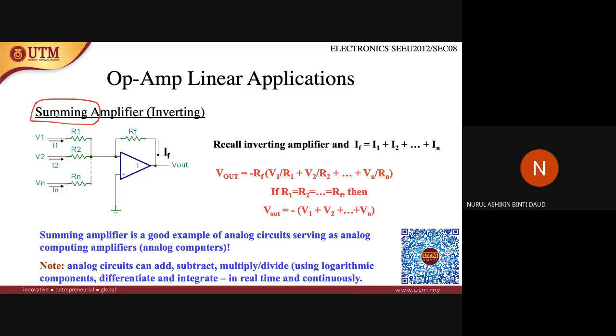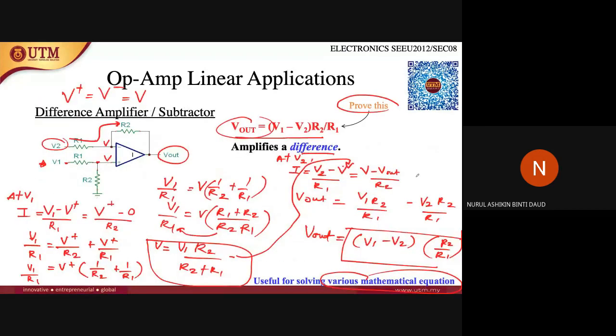What is the difference with the common inverting and non-inverting amplifier? It has more than one input signal at the specific inverting or non-inverting terminal. If it is a difference amplifier, it also has more than one input signal, but the input signals are at both the inverting and the non-inverting terminals.